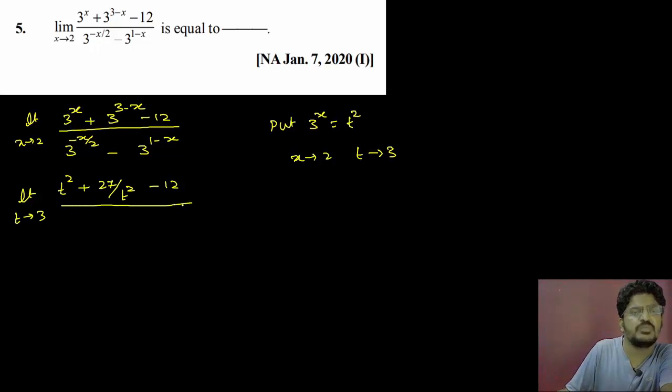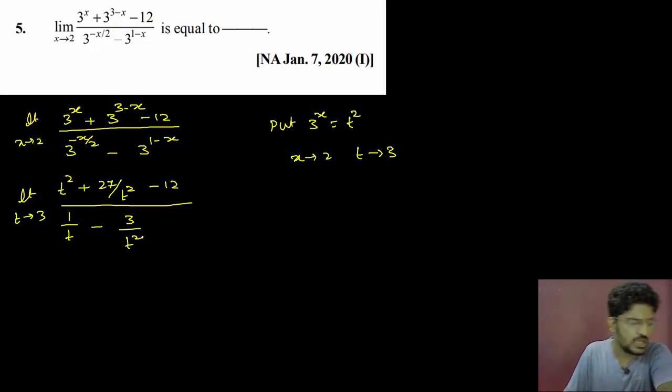So divided by, this is 3 to the power of minus x divided by 2. That means it will be 1 by t minus, you can just see 3 to the power of 1 is 3 divided by 3 to the power of x, which is 3 divided by t square. Okay. So you will get this term. Now if I want to simplify this, I just have to resolve these terms.